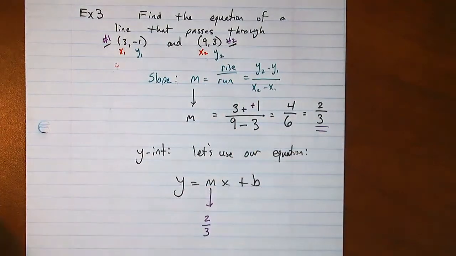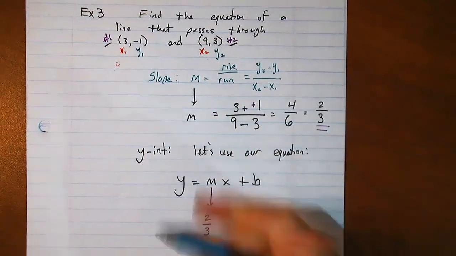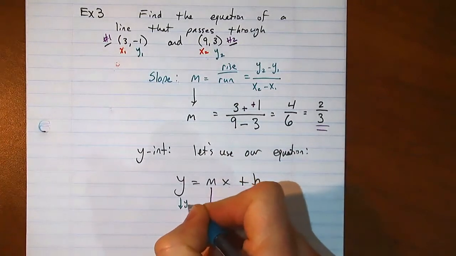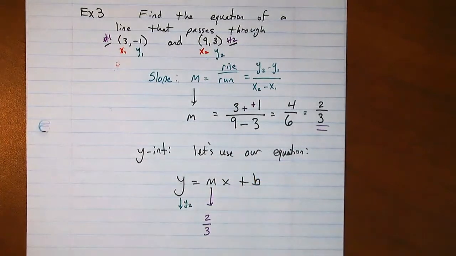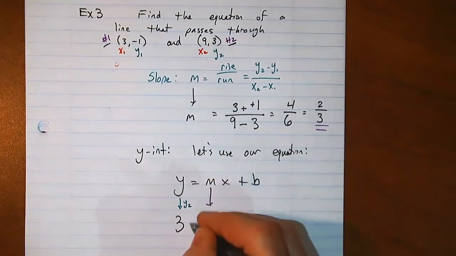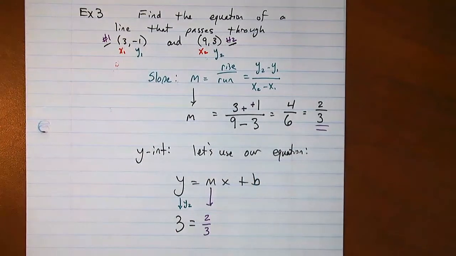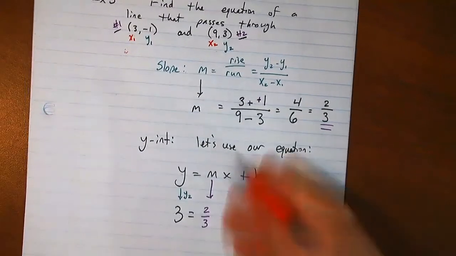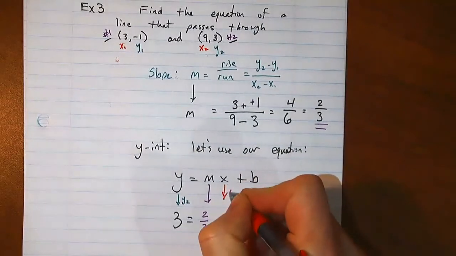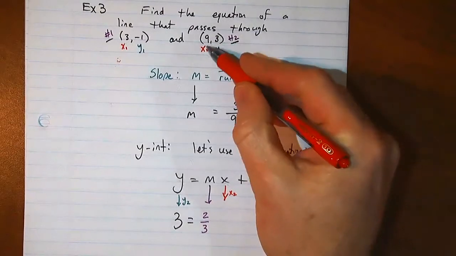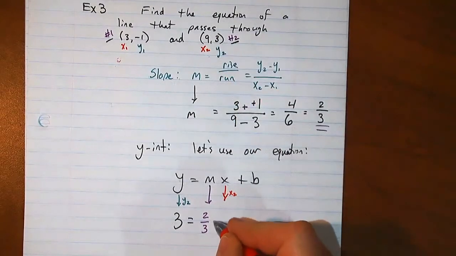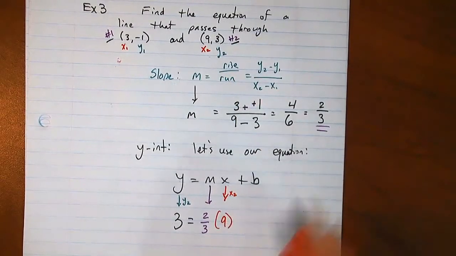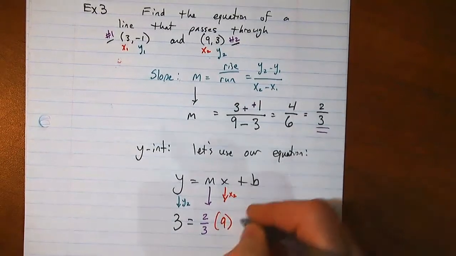I'm going to replace this y with y number 2, and that gives me a 3. Still have the equal sign. Now for my x number, I'm going to replace that with x number 2, which is 9. So I'm going to have times 9, and then plus b.